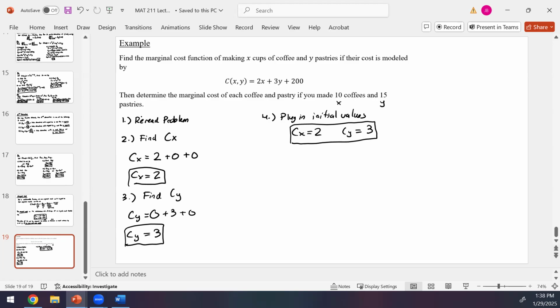So the cost of each cup of coffee will always be $2, no matter how many I sell. So this is a problem where your cost function is really just flat. It's the same value whether you make 100 pastries or 1,000 pastries. There is no interaction between them. So it's just going to cost the same number no matter how many you make.